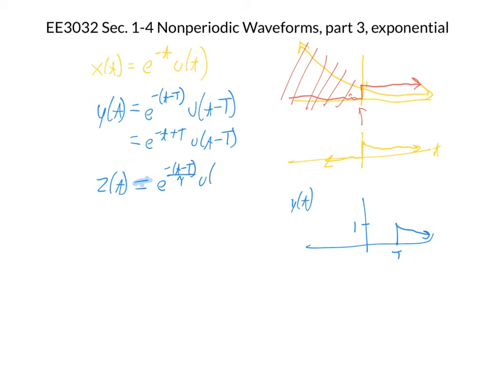I still have the unit step. And now for my z of t, I have any time constant I want. So here, let's have capital T, and this is going to start at a value of 1, and I could have a very fast time constant, I could have a very slow time constant, and that is the exponential.